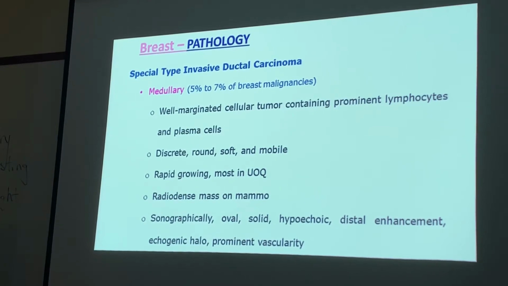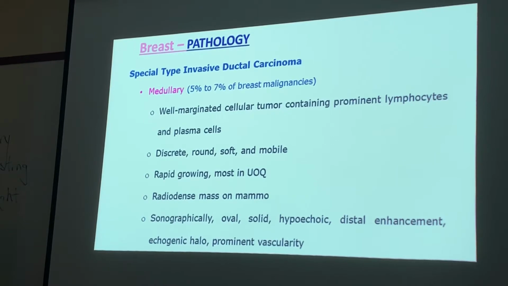Okay. On mammogram, it's radiodense. And sonographically, it's oval, solid, hypoechoic with distal enhancement, echogenic halo, and prominent vascularity. It presents similar to an IDC.